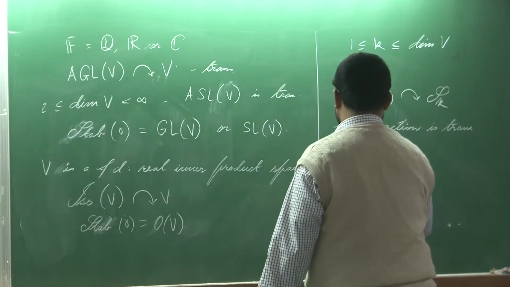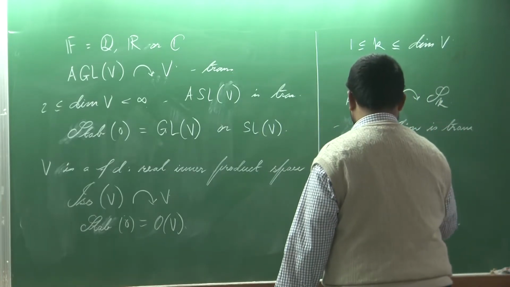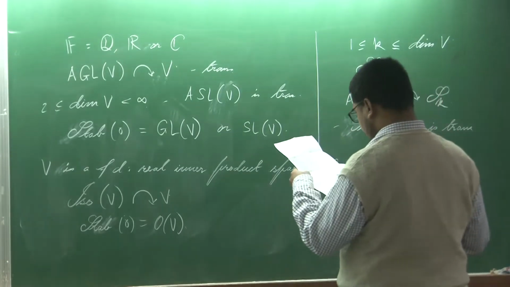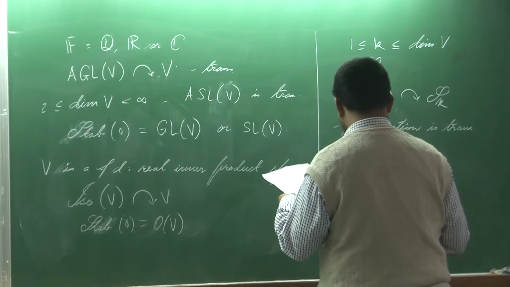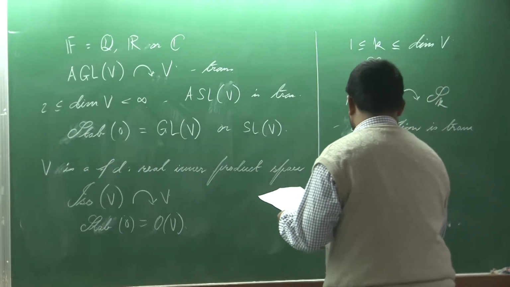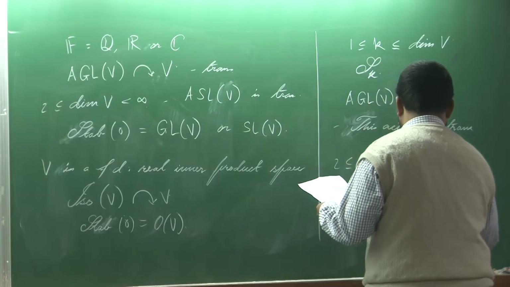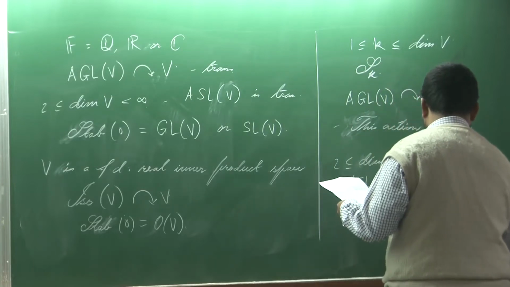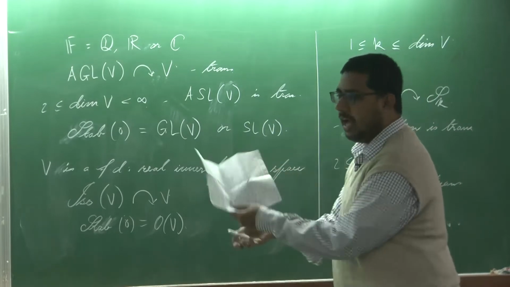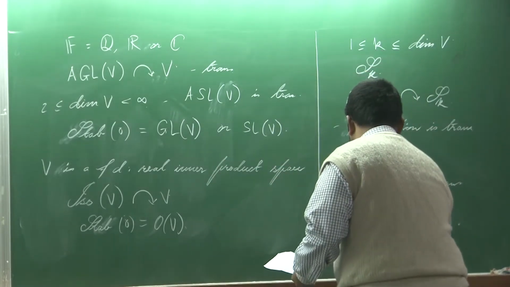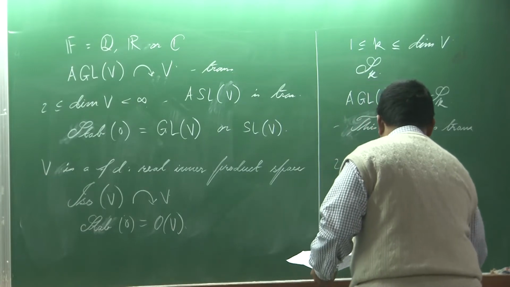Similarly in the case of ASL, of course we do have ASL2, ASL(V) acts transitively, and then when we have an inner product, we get the isometry group, which also acts transitively.